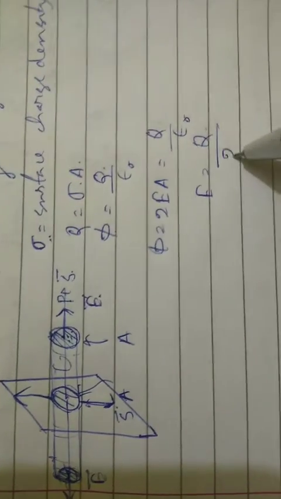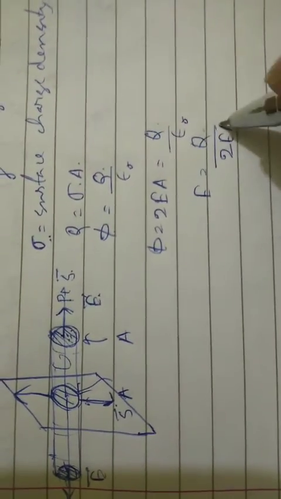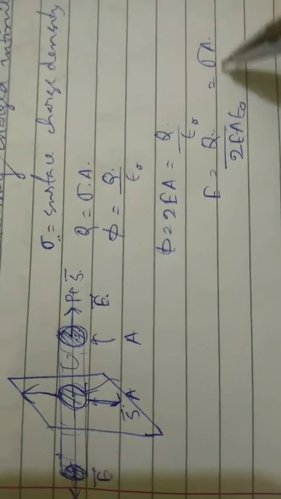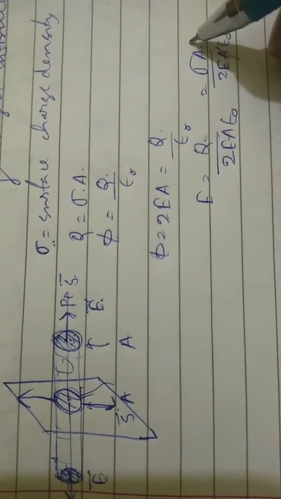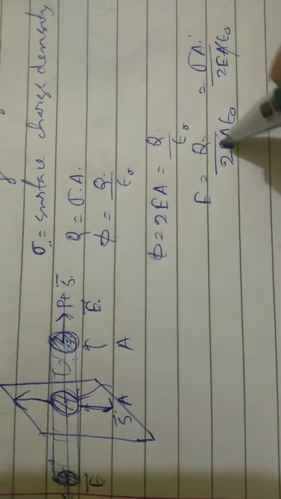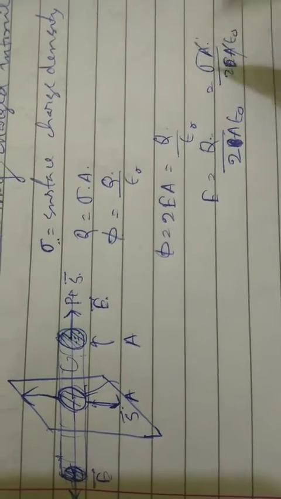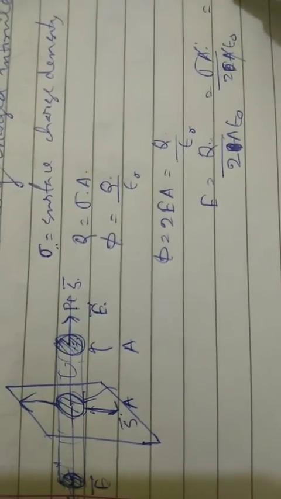So E will be equal to Q by 2A epsilon naught. Now Q equals sigma A, so E equals sigma A by 2A epsilon naught. So A cancels out, so E equals sigma by 2 epsilon naught.